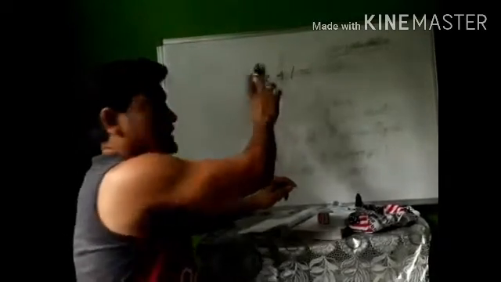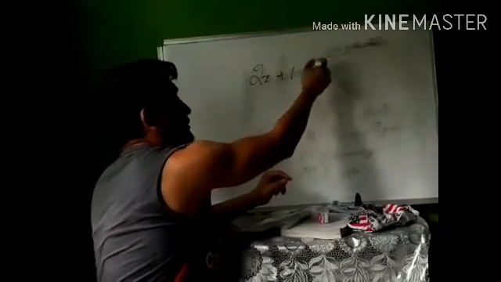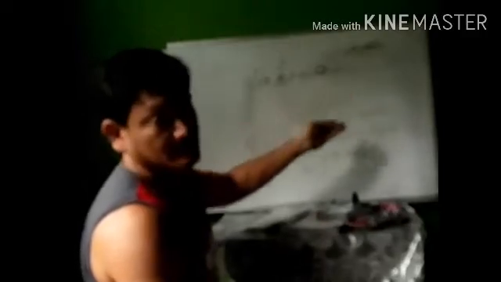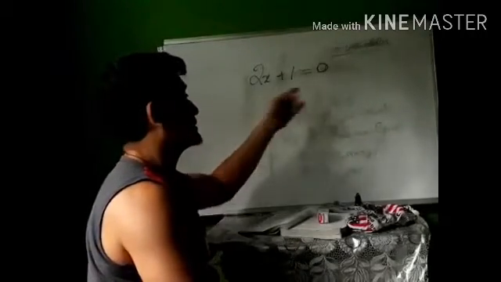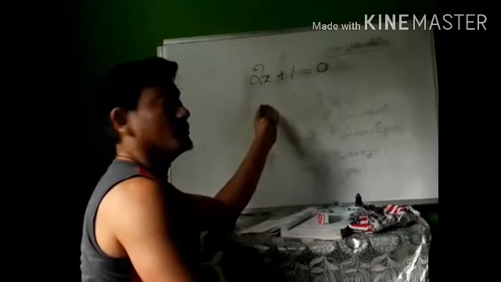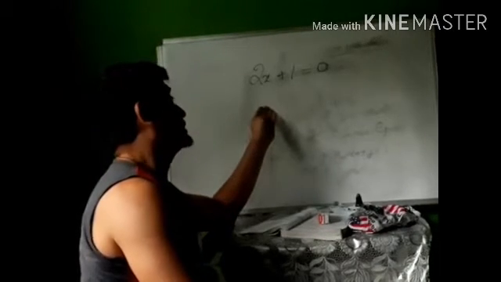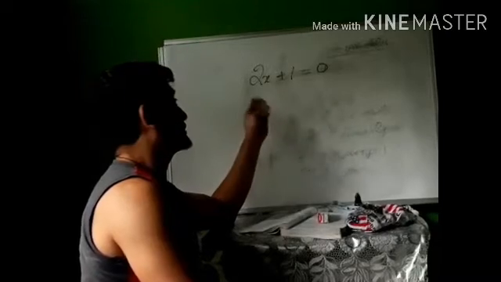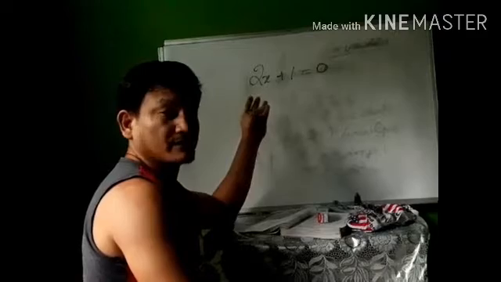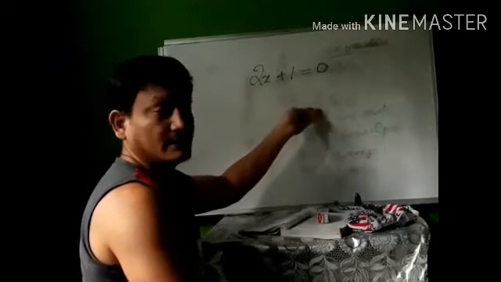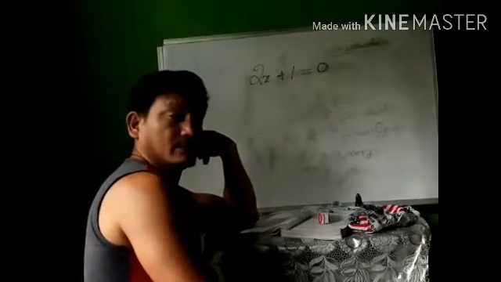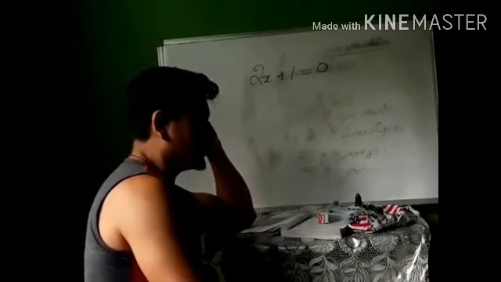If you give an equal sign here and write 0, or instead of 0 there may be a negative or positive number, any real number you can write there, now it becomes an equation. Earlier it was a polynomial and now we have converted this polynomial into a linear equation. So this is the only difference. All you need is an equal sign and some real number on the right hand side. This is the difference that you need to know.